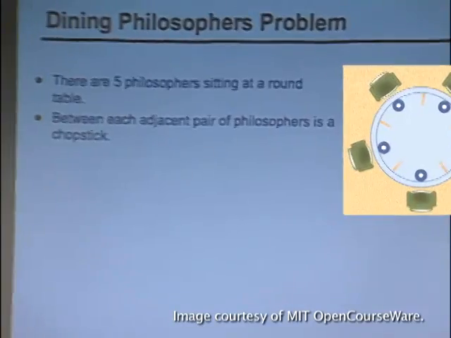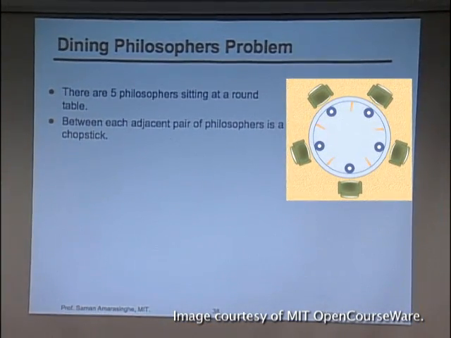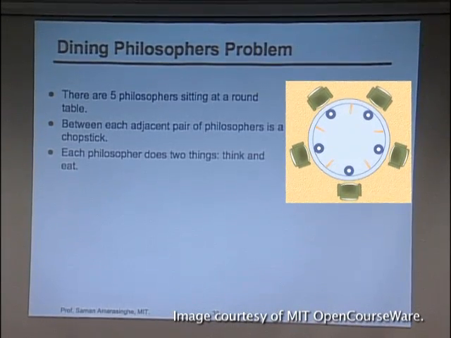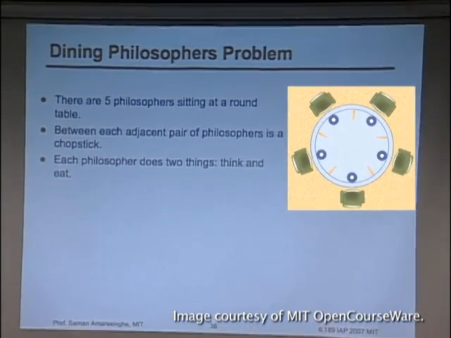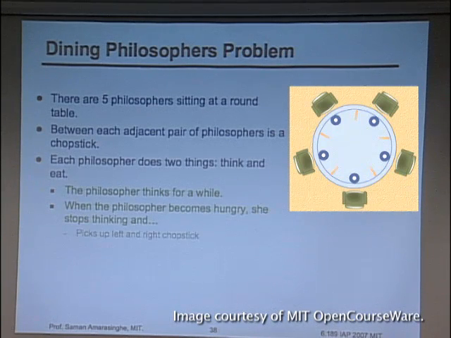So I want to switch gears a little bit to talk about a classic problem. It's called the dining philosophers problem. There are 5 philosophers sitting around a table. Between each pair of philosophers, there's a chopstick. Each philosopher does 2 things: he or she thinks, or he or she eats. The philosopher thinks for a while, and then becomes hungry.